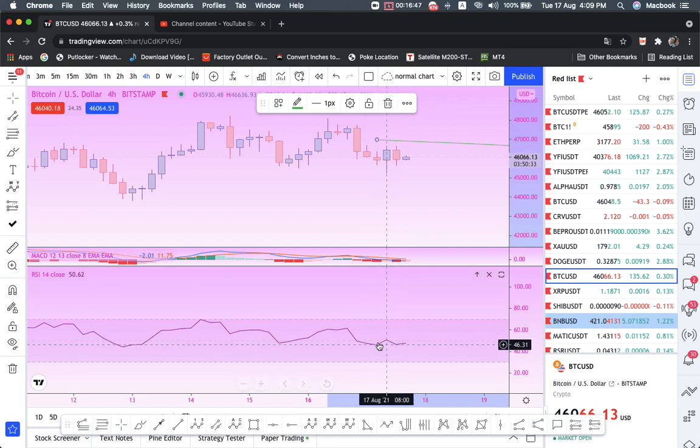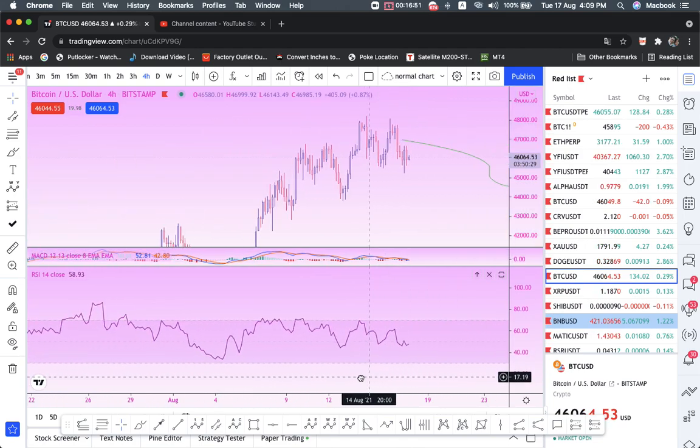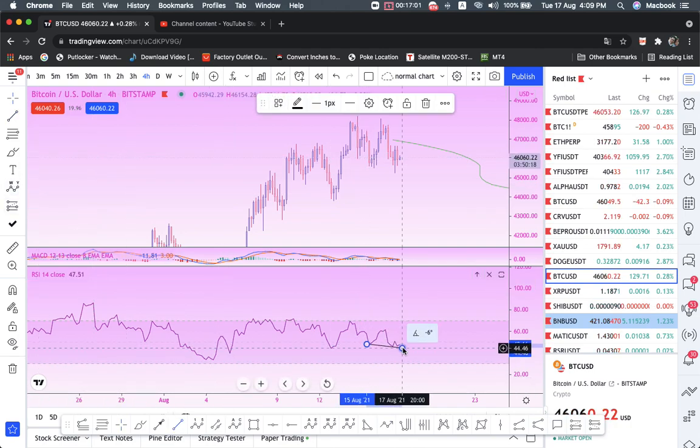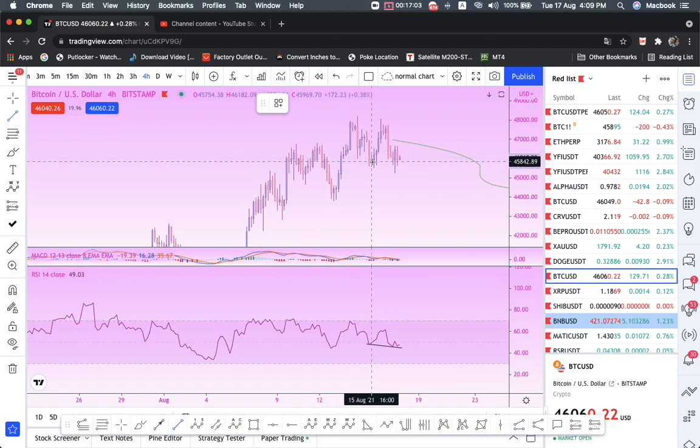It's kind of like a little bit of bull divergence right there, but I'm not really convinced because I mean it could be done, like this, like that.